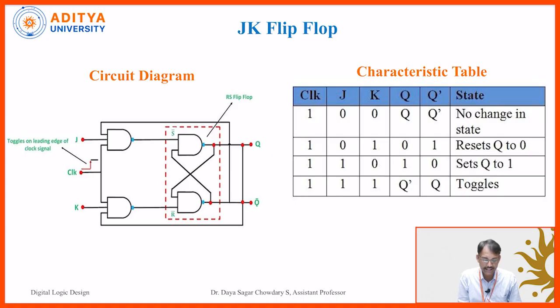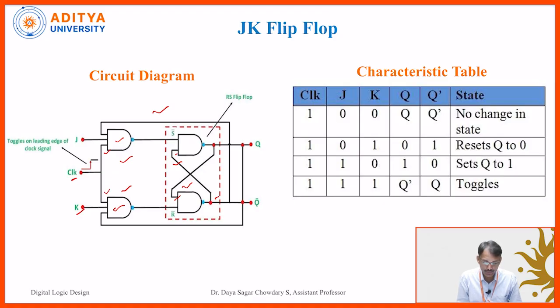Now this is the circuit diagram of the JK flip-flop, which contains 4 NAND gates. It is a simple construction. These two outputs are given to this NAND gate and this output is given to this NAND gate. J is given to one NAND gate as an input and K is given to the other NAND gate as an input. The clock signal is also an input for these two NAND gates.